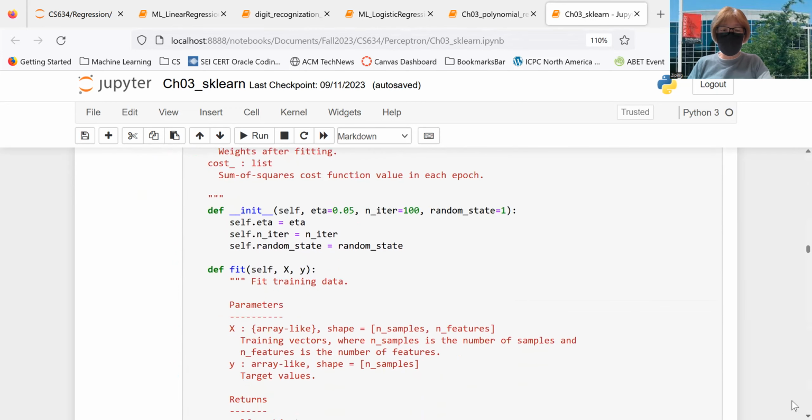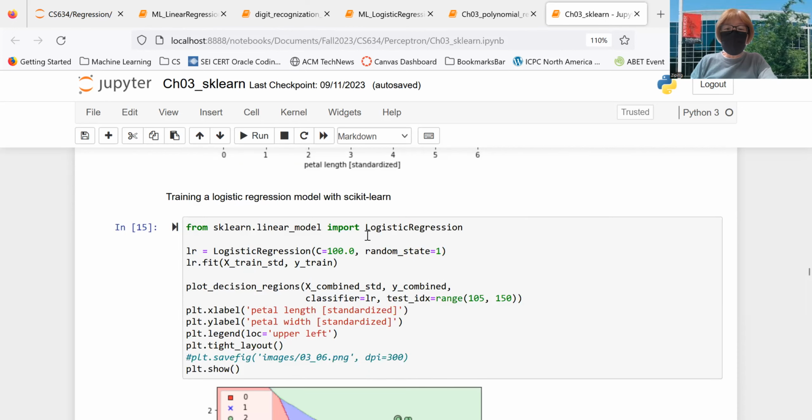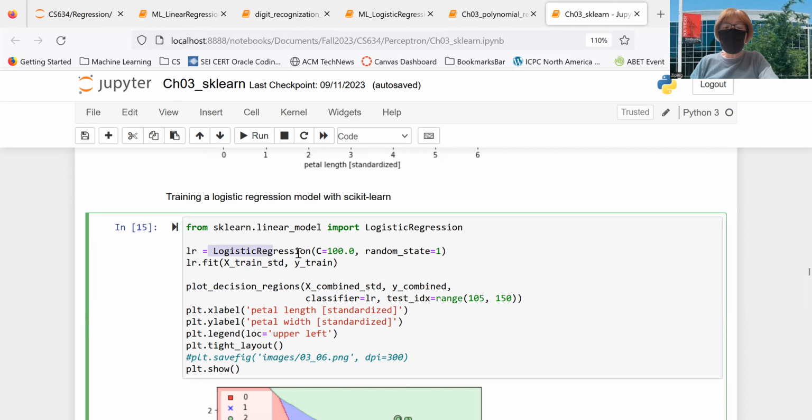So for logistic regression on that iris data, here you call logistic regression. Be careful here about the C. What is this C? Do you remember?